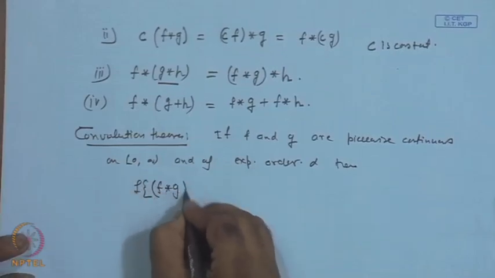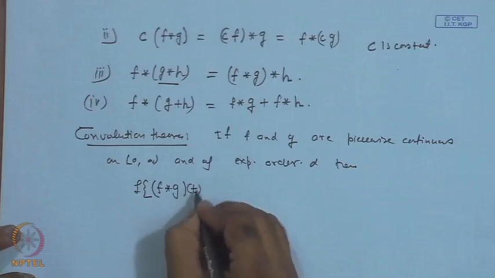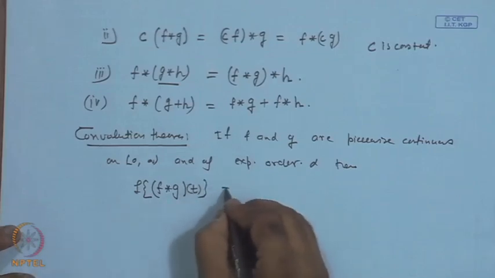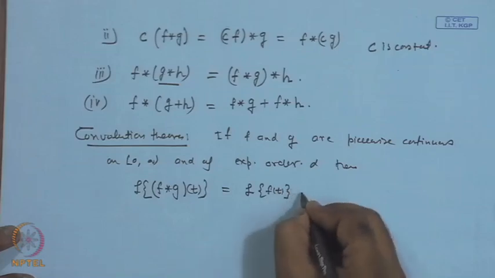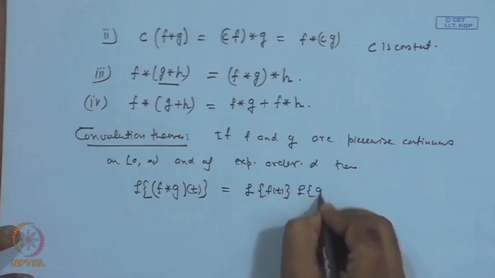The Laplace of the convolution of f and g is simply the Laplace of f(t) multiplied by the Laplace of g(t).